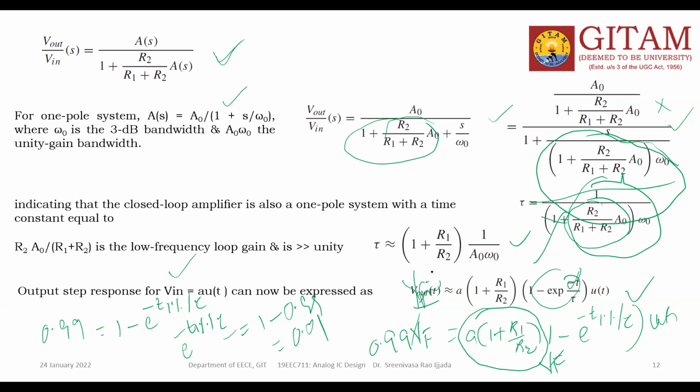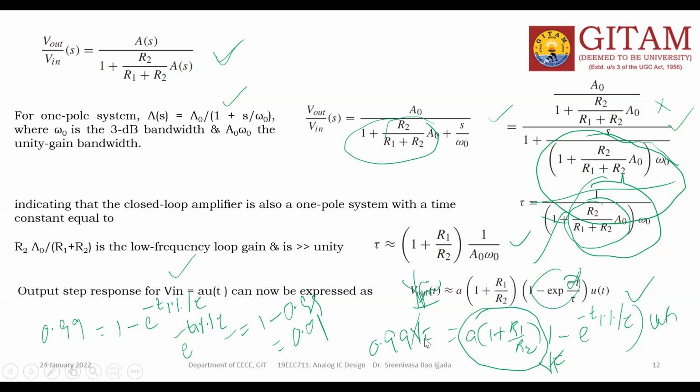But he is saying if you take the settling time of 5 nanoseconds, then 1% error is there. So in place of t, you can substitute the 1% time.